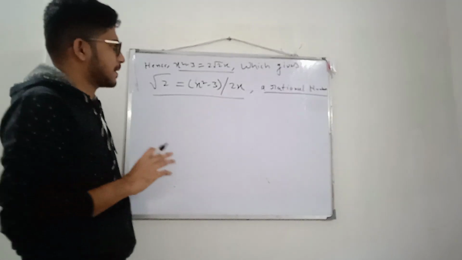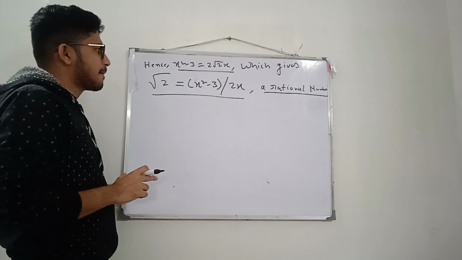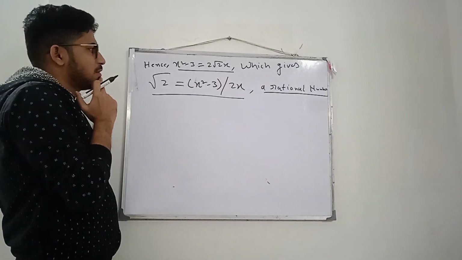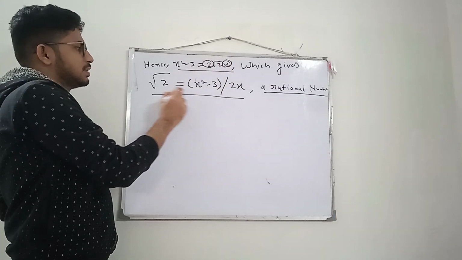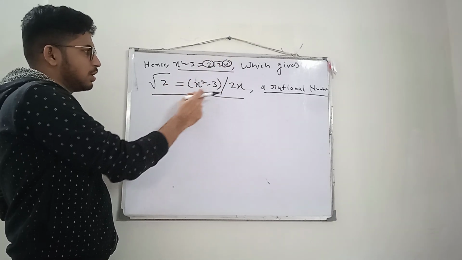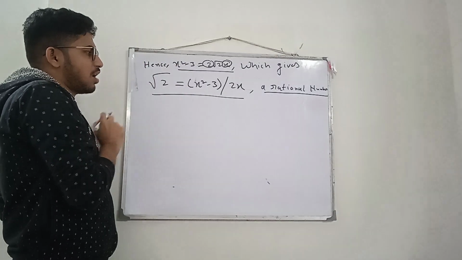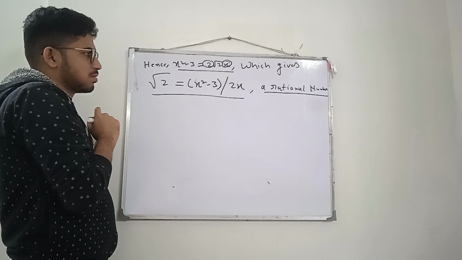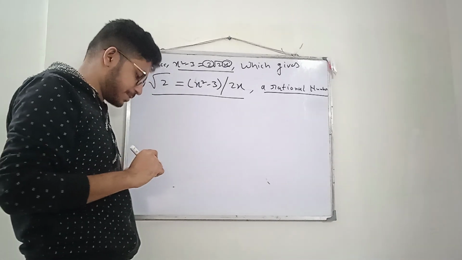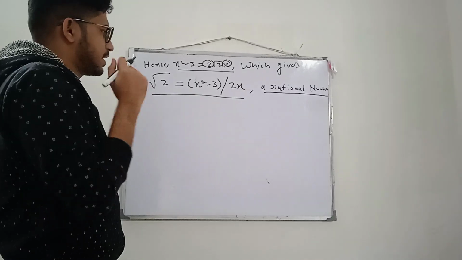I understood, but how is this possible? How does this 2 with x go to the bottom part, with x square minus 3 on top? And they are also saying it is a rational number. Okay, think.